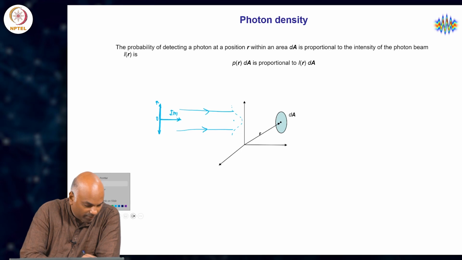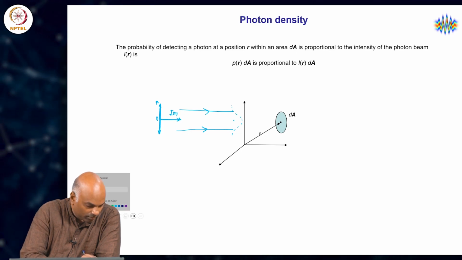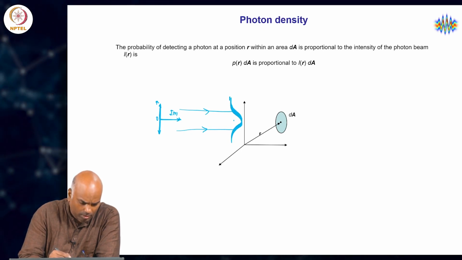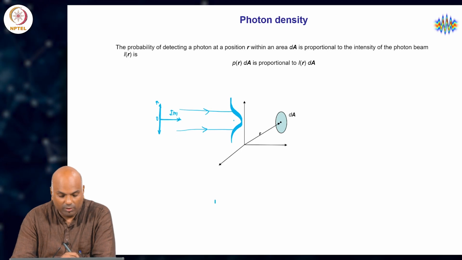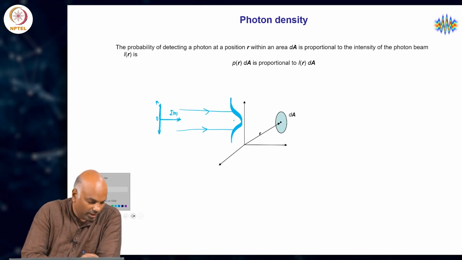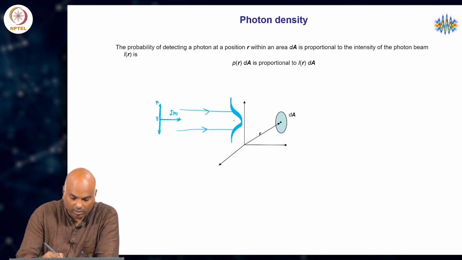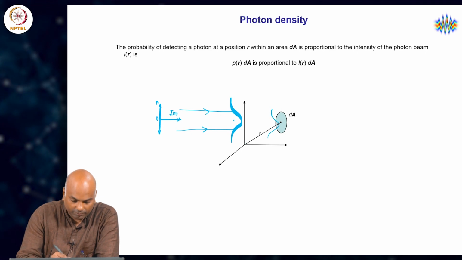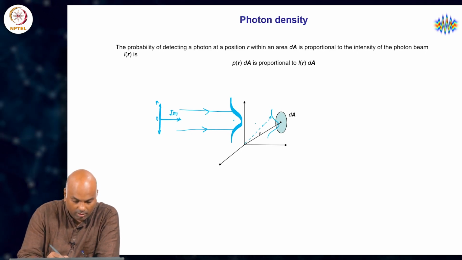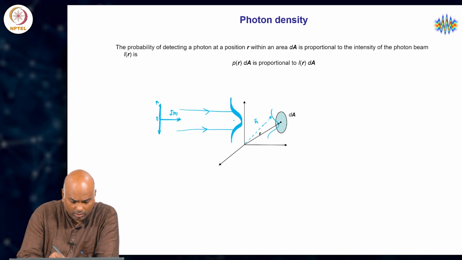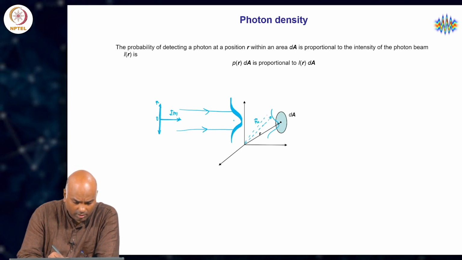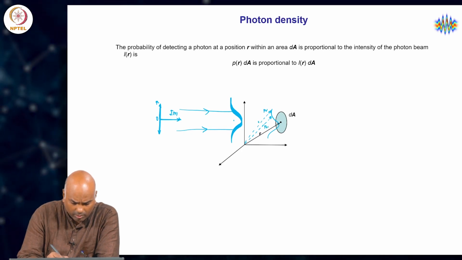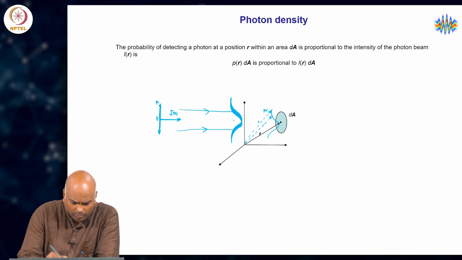We essentially would have a beam with an amplitude varying like that, and at every point r wherever we have an interest in determining the intensity, the points are here.